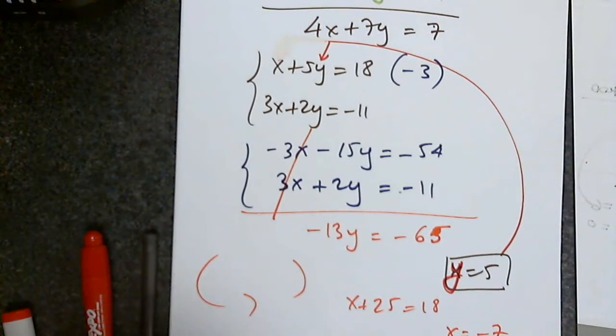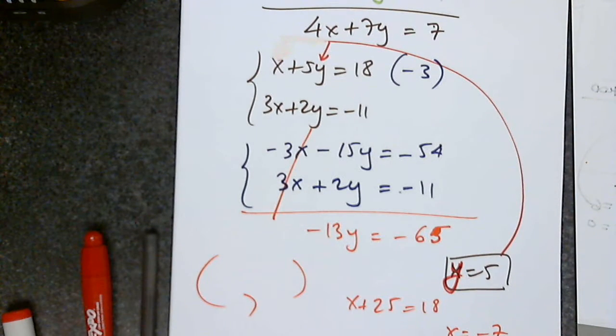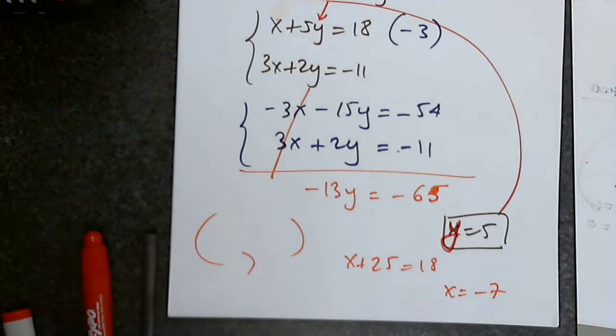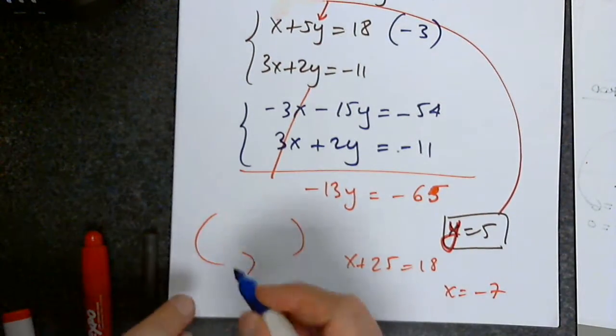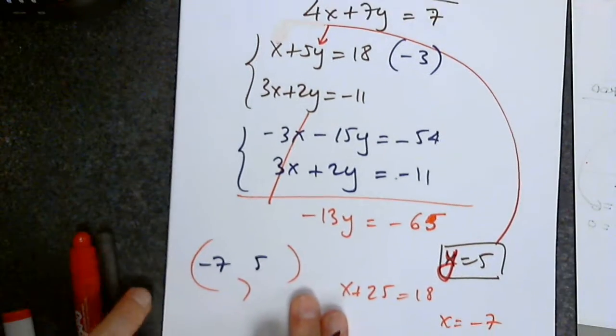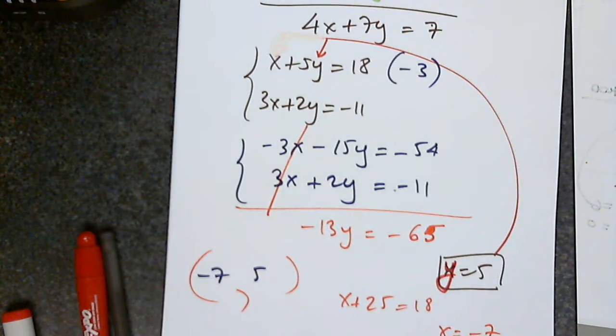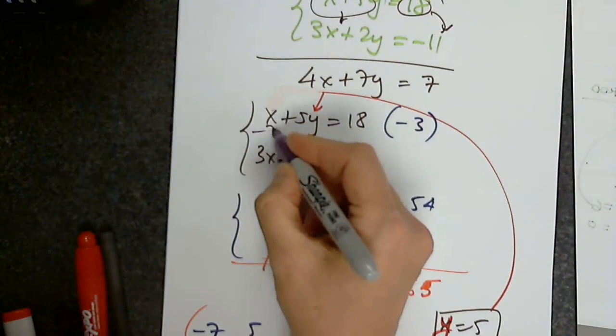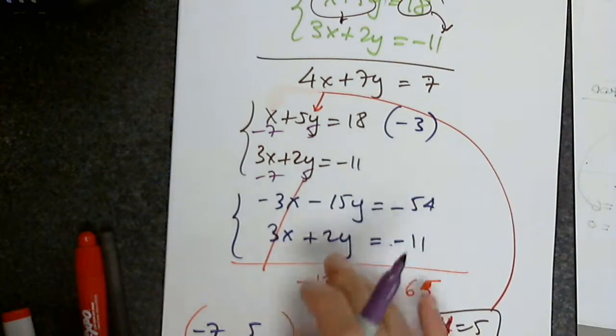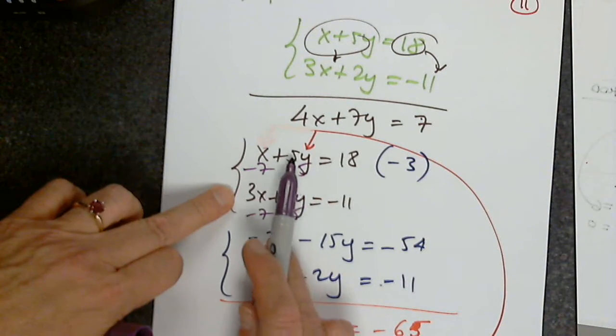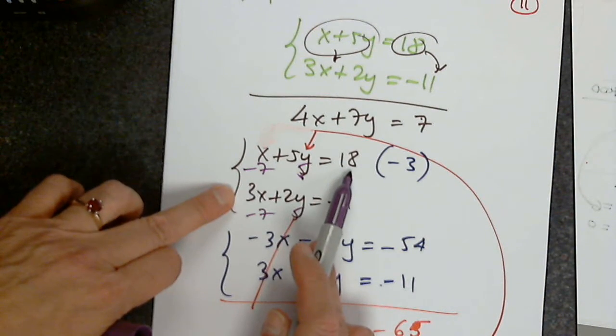It appears, we don't know yet because we haven't checked, that the solution is good. So I have to go back. I don't trust this. I can easily make mistakes. So negative 7, 5. Negative 7 plus 25 is 18.